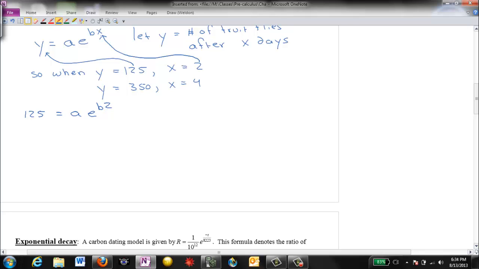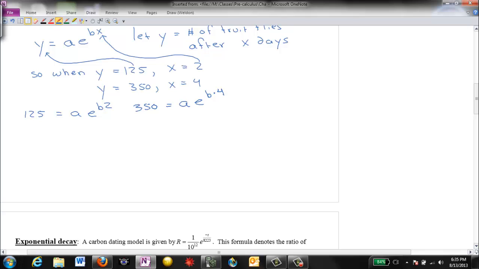And upon analysis, I see that the two things that I'm missing are my two parameters a and b, and I need to find out what those parameters are. So then to do that, I'm going to need to make use of both pieces of information. So I'm going to do the same thing with the 350 and the 4. So another equation that I have is 350 equals a times e to the b times 4.